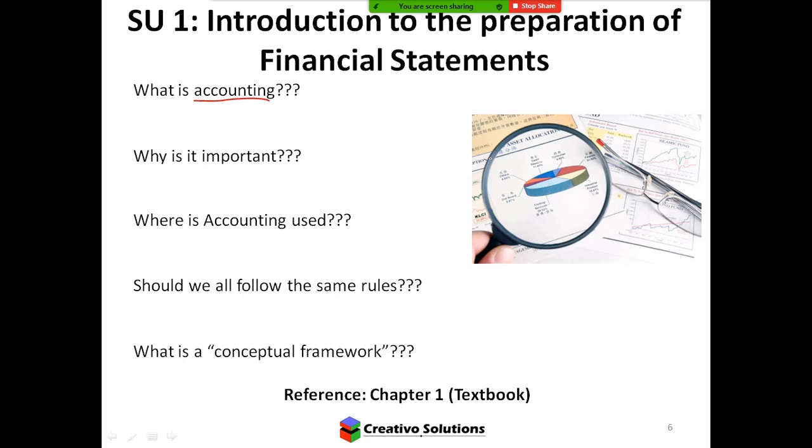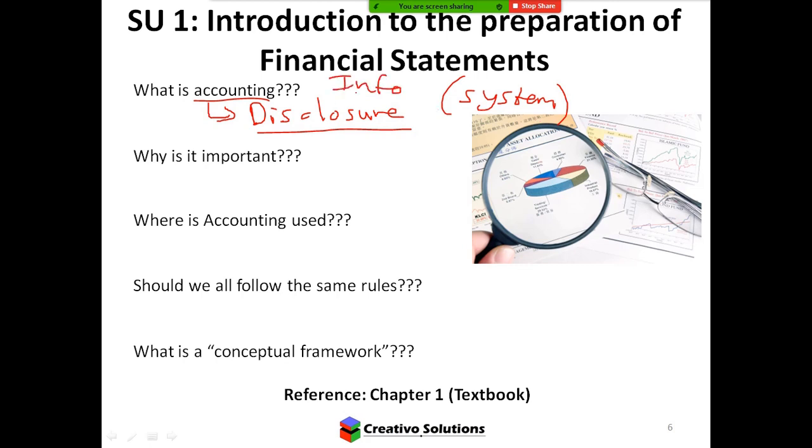Not really. Okay, so accounting is all about disclosing information. Remember, where does that information come from? It comes from a system. When we look at accounting, accountants create information that can be read and interpreted by other people.